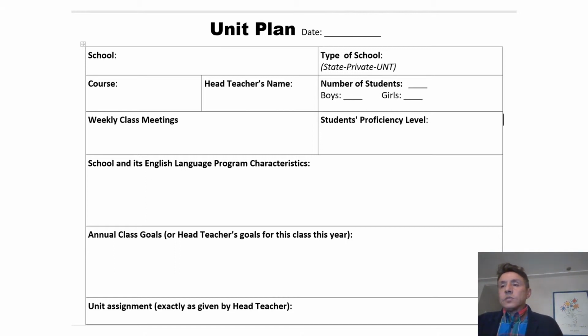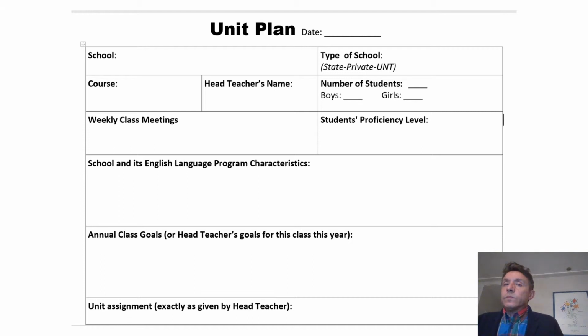So it is about the schedule, but also please add somewhere in your unit plan, perhaps at the end, some directions for us from the main entrance of the school, how we get to your classroom. That comes in handy because many times we don't find people available that may lead us, or we have to wait for a while and waste time, waiting for someone to guide us to the classroom. So if you give us the directions, we can tell them we know where they are, and so then we can go. The student's proficiency level.